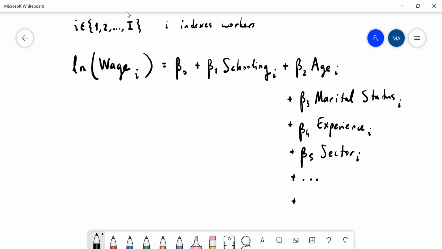You can add other variables and eventually you have an error term, right?